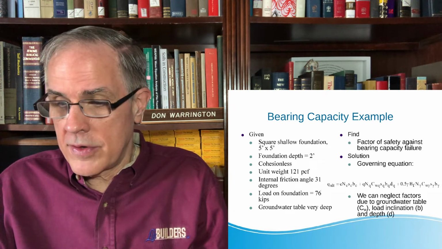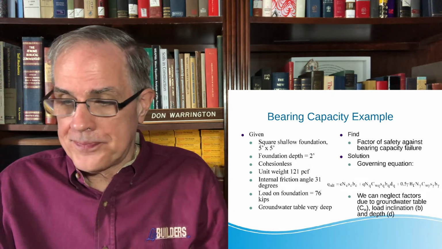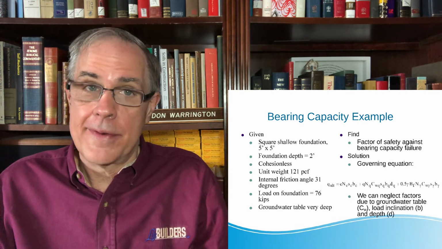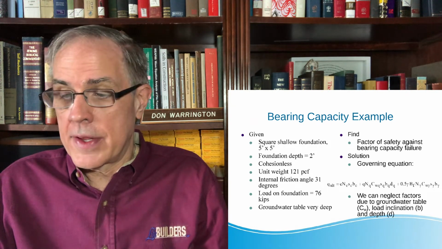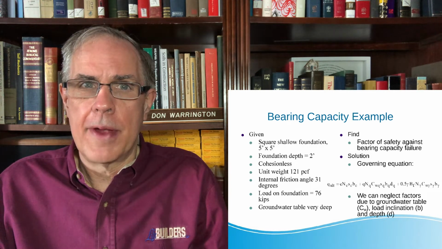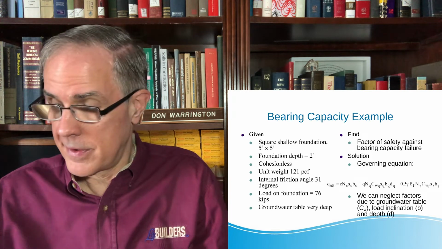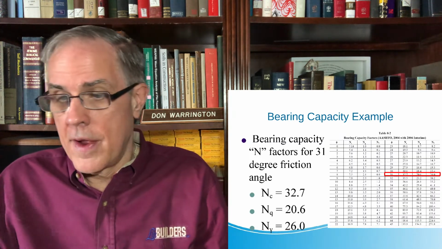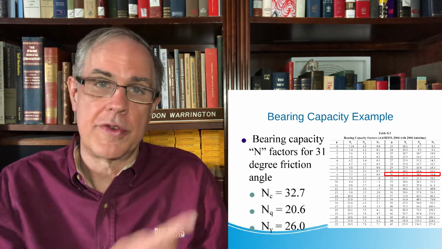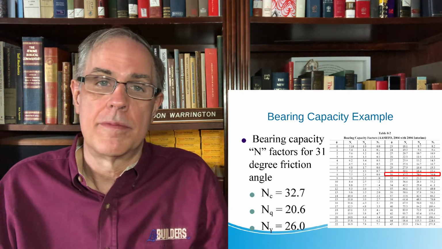The governing equation, as always. We can neglect factors due to the groundwater table because the groundwater table is very deep. Load inclination and depth, I've talked about why I don't think we need to be worried about those in this course at least. First, bearing capacity factors for 31 degrees we just take straight off the table.